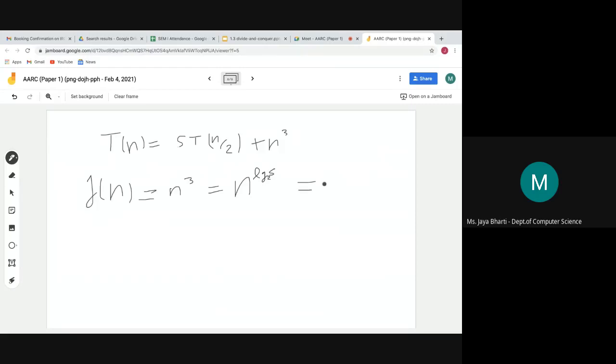It is something like n to the power 2.32.